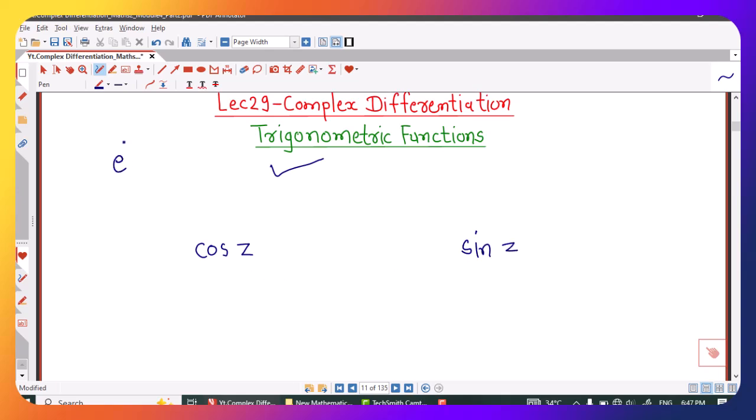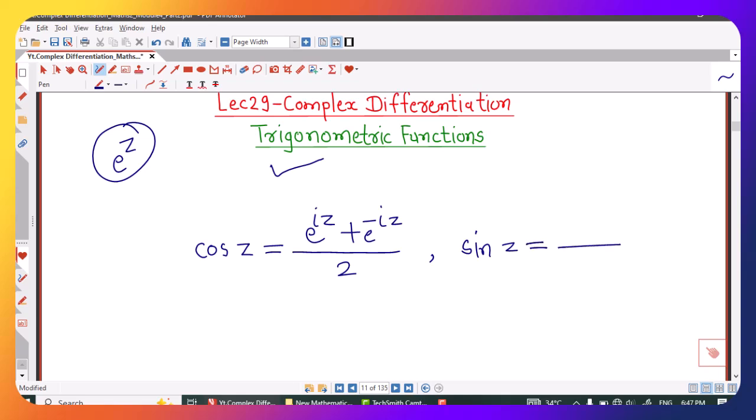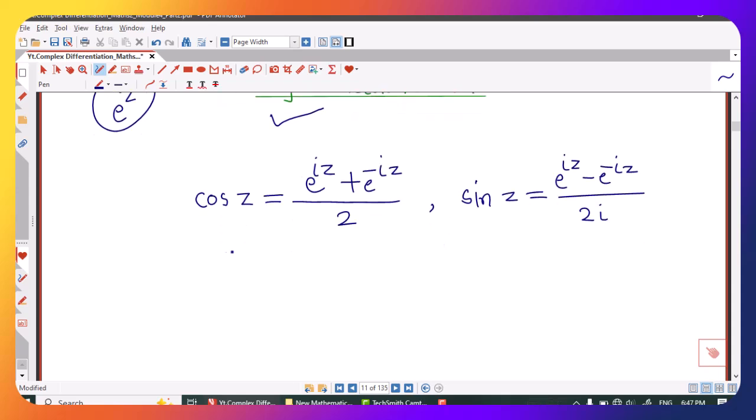So, the complex cosine function is defined in this way: e to the power iz plus e to the power minus iz divided by 2. And for sin z, we replace this positive sign by a negative sign, and in the denominator we write 2 times i.